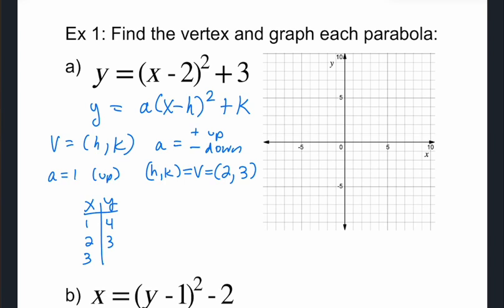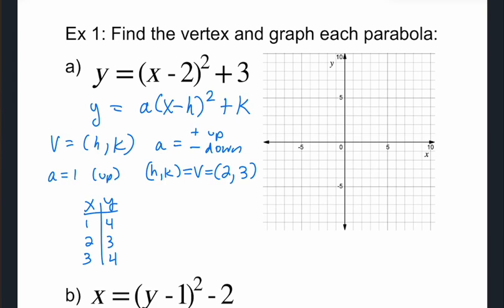Now, you know that you've picked the correct vertex and that you plugged it in right if when we plug in 3, we get 4 again. So if I plug 3 in right there, I'm going to get 3 minus 2 squared, which is 1 squared is 1, plus 3 is 4 again. So that's a really good way to check your work.